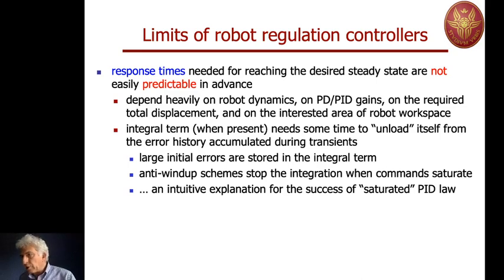So when we get closer to the configuration at the destination, maybe the integral term is overloaded with this error and needs to discharge part of the torque, because at the destination the torque needed to balance the gravity may be smaller. We know that at steady state, for sure, the integral term will compensate the gravity in the configuration desired. So if there's too much torque stored in the integral term, there will be a problem.